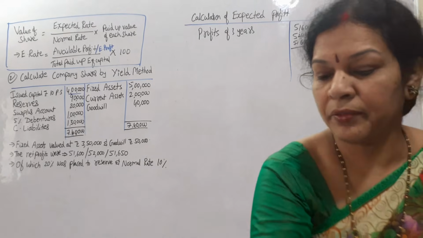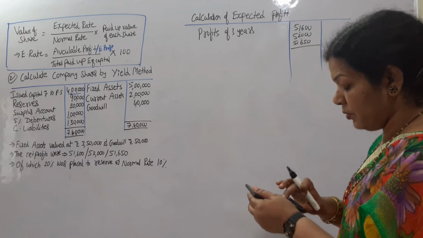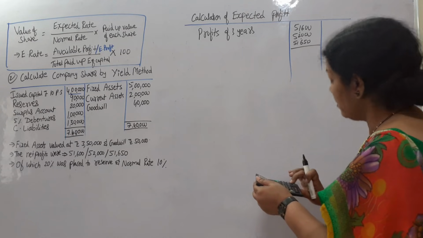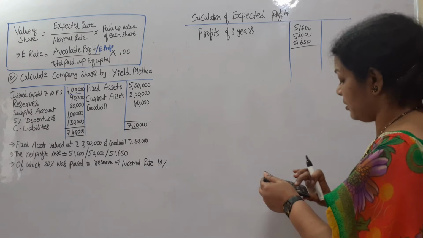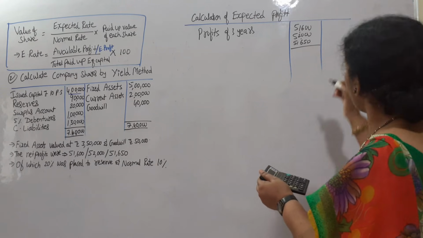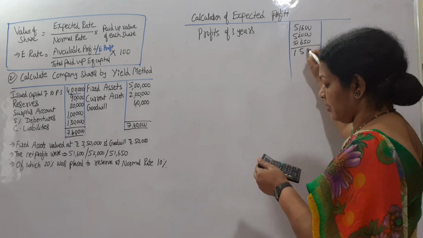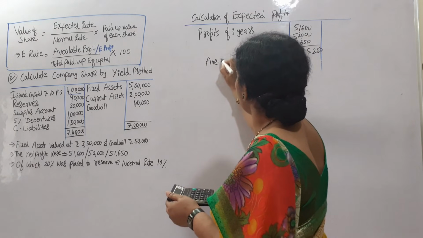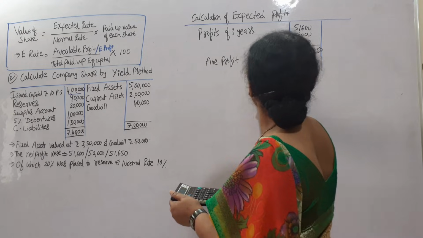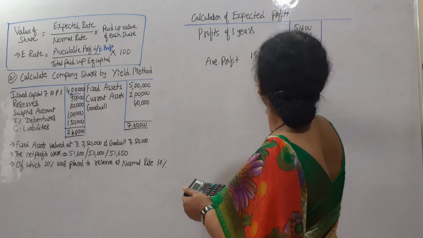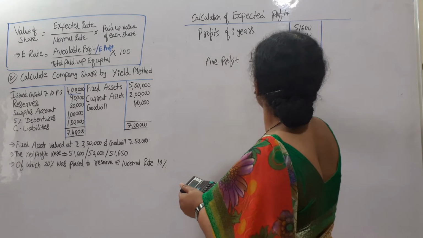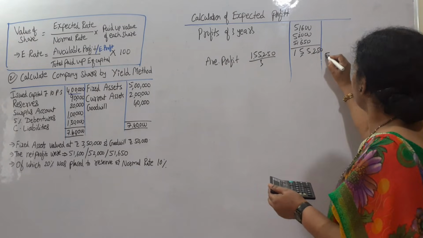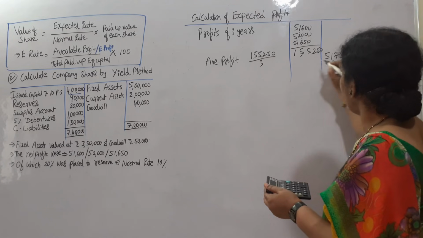We total them up and take the average. 51,600 plus 52,000 plus 51,650 comes to 1,55,250. So the average profit is 1,55,250 divided by 3, and you will get 51,750 as the average profit.